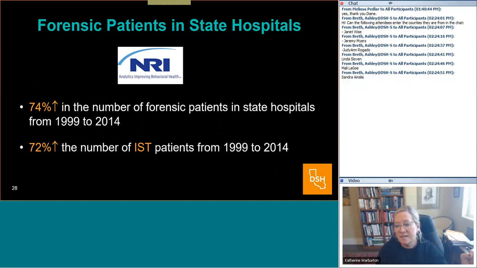So that's 99 to 2014. Just want to remind everybody that the real crisis started around 2014. There's no data yet, but I expect when those data come out, it's going to be pretty explosive growth. Next slide, please.